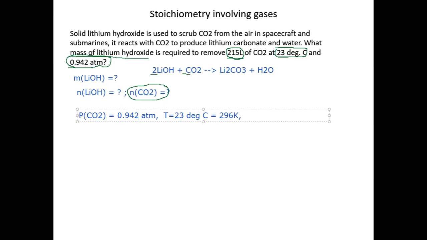And we have the volume of gas collected. It's already in liters, 215 liters. So now we can use the ideal gas equation PV equals nRT, where R is the gas constant.